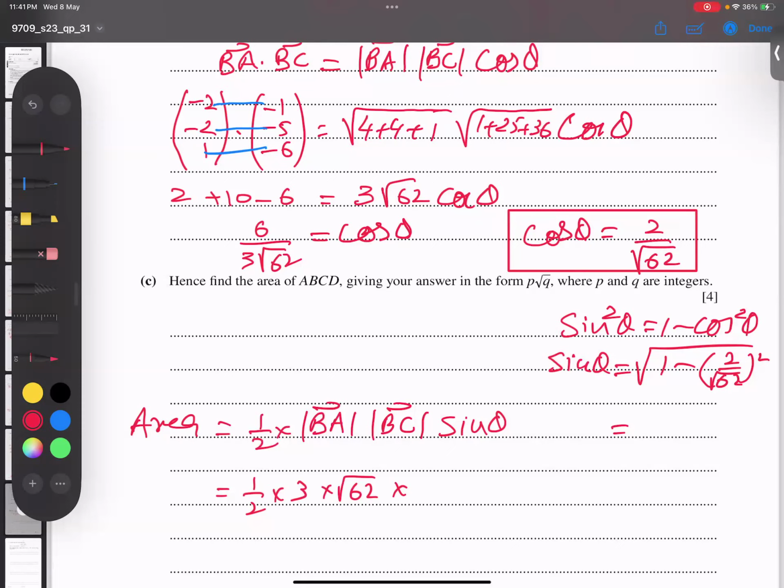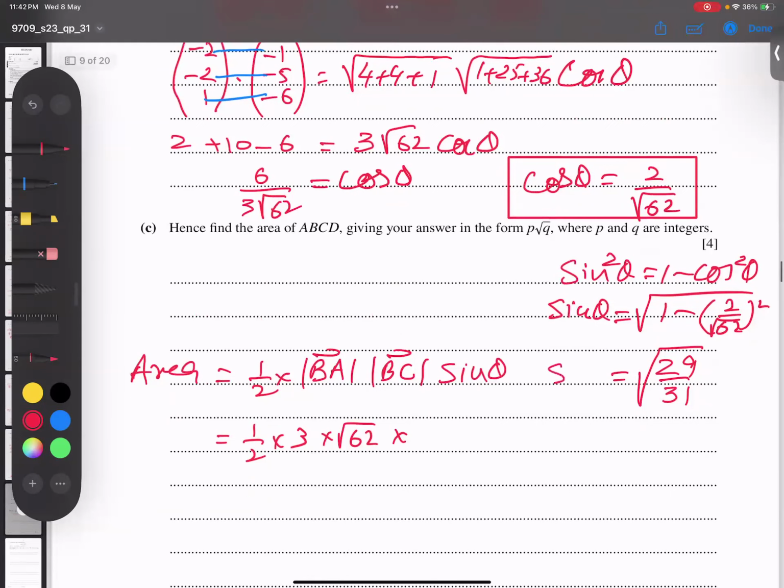So 1 subtract, I get root 29 over 31. It means I write in root form. Make sure if you type all together, this will give you a different kind of answer. So this is the sine theta value, students. And this I'm going to plug in here, root 29 over 31.